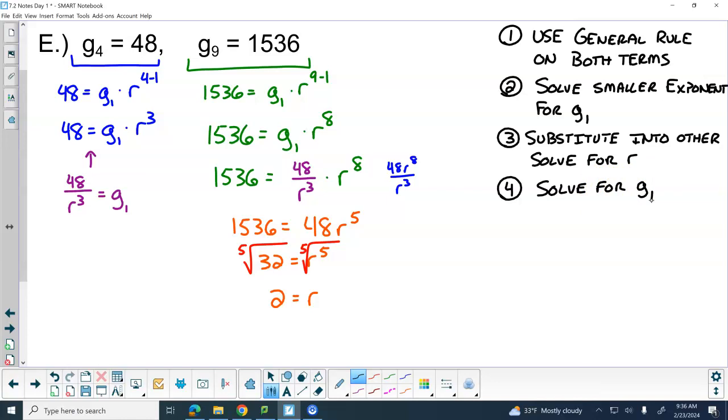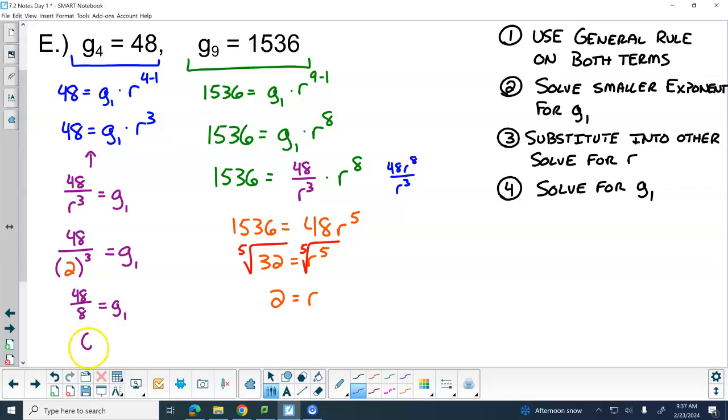Then I'm going to take that and I'm going to put that back into my equation that I have previously solved for g sub 1. 2 cubed is 8. So this is 48 divided by 8. 48 divided by 8 is 6.